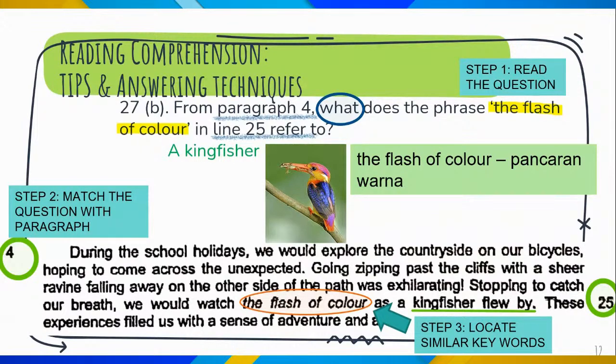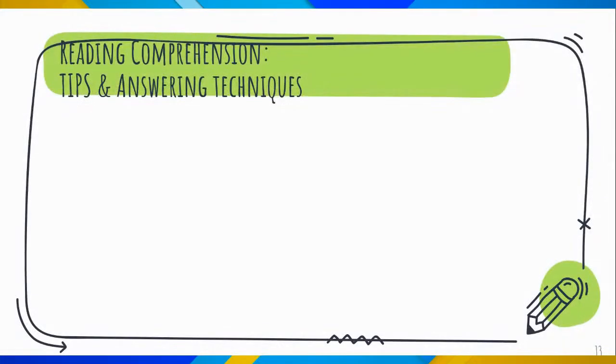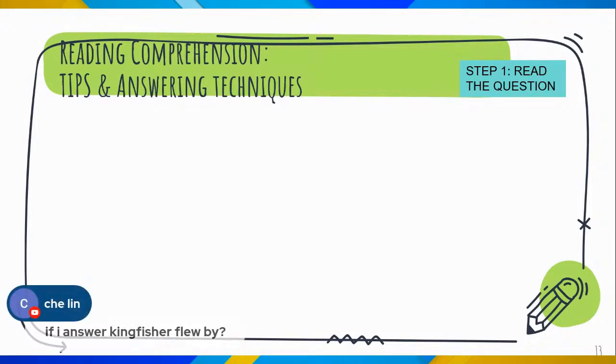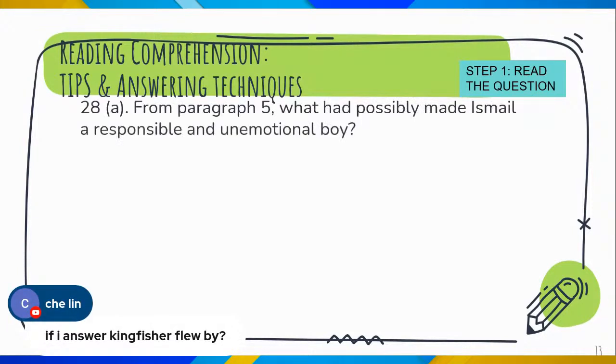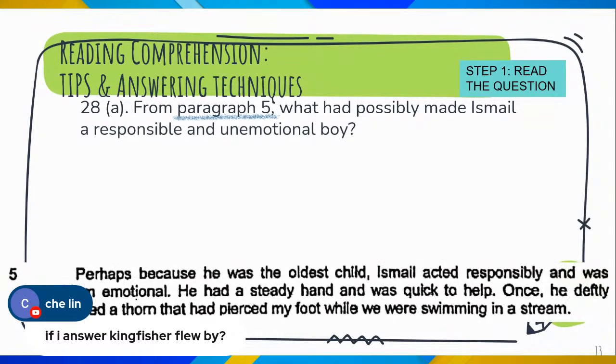All right. So I think that we can move on to question 28A. As usual, it's very repetitive, but it's very important. You read the question and then you underline which paragraph that you should be looking for the answers in.